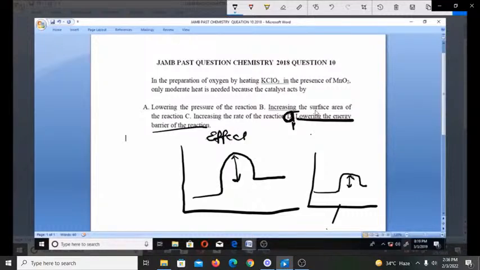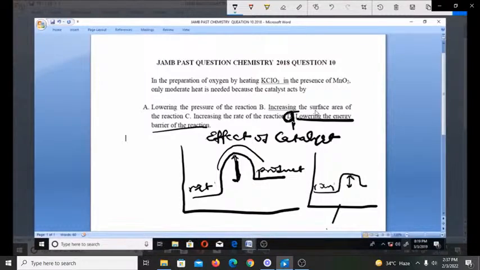Whenever you add a catalyst to a reaction, it reduces the energy barrier, making it so that you don't have to suffer so much to get to the next level. You don't have to suffer so much to move from the reactant side to the product side. So the energy that you need to make this passage from reactant to product is reduced.